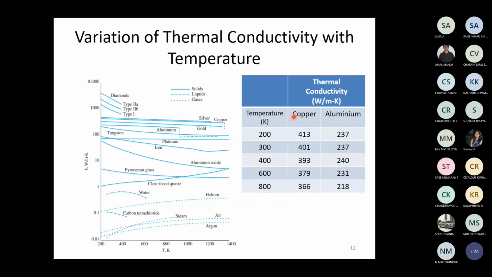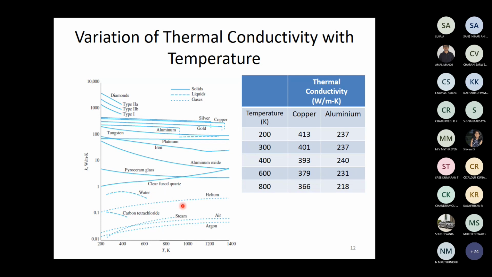In the last class, one student asked why the thermal conductivity of solids decreases when the temperature is increasing, whereas it's increasing for gases. For gases, it is understandable that as the temperature increases, the energy of the molecules increases.